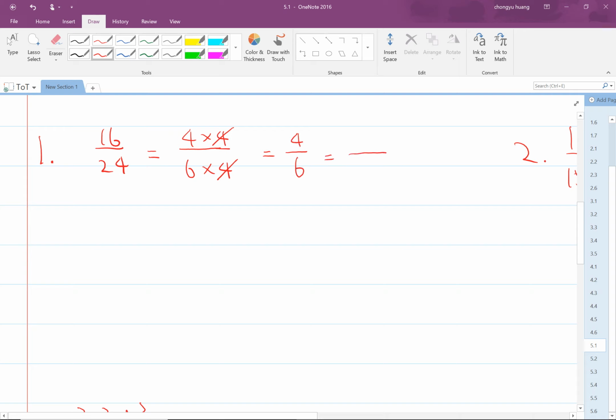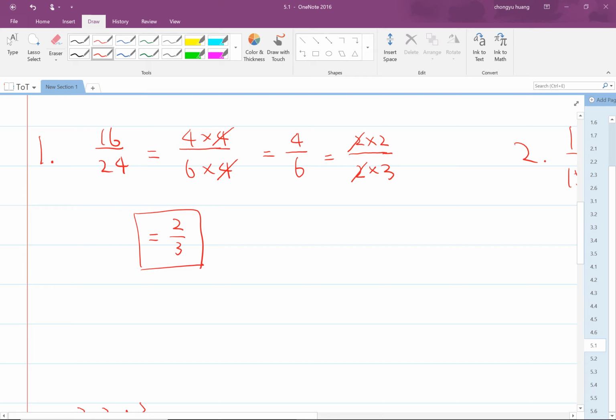We can simplify a little more, because 4 is 2 multiplied by 2 and 6 is 2 multiplied by 3. So the 2 and 2 get cancelled, and that leaves the answer as 2 over 3. That finishes the simplification, and the answer here is 2 over 3.